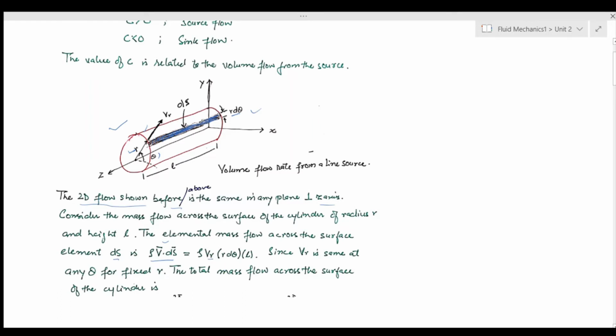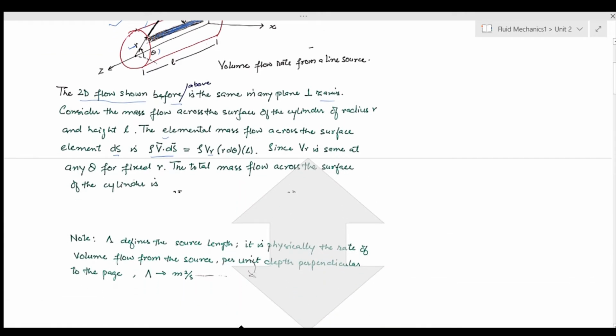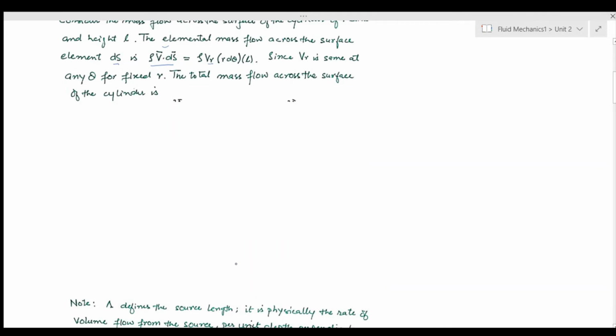Since vr is the same at any theta for fixed r, we talked about it: vr changes with r, but for a fixed r, for all theta, vr is going to be the same. So the total mass flow rate across the surface of the cylinder would be m dot.